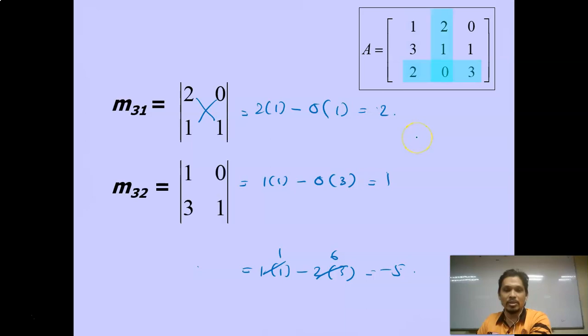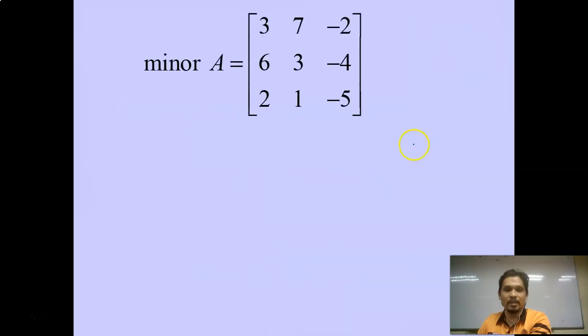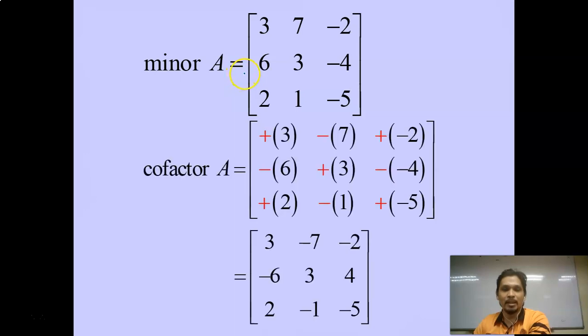Write it in your lecture notes. You may just check by yourself. There you go. So these are all the minors from the matrix A. Then, to find the cofactor, we multiply each minor with the sign of positive and negative, and this is your cofactor matrix of A.